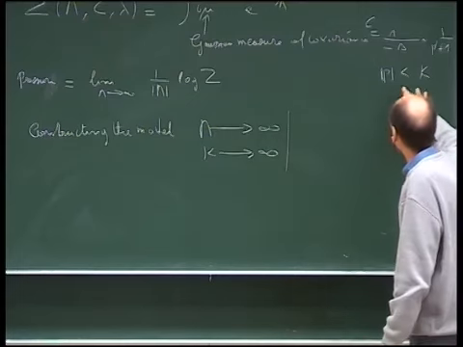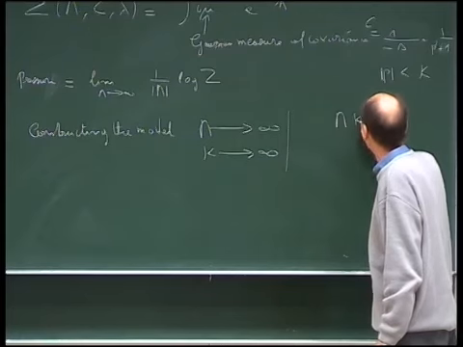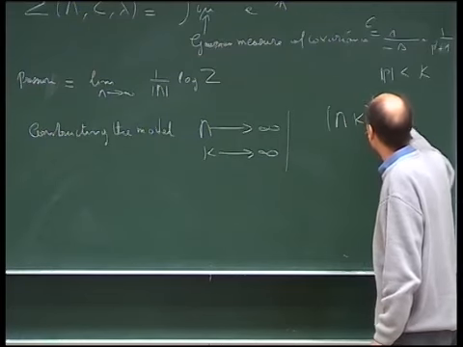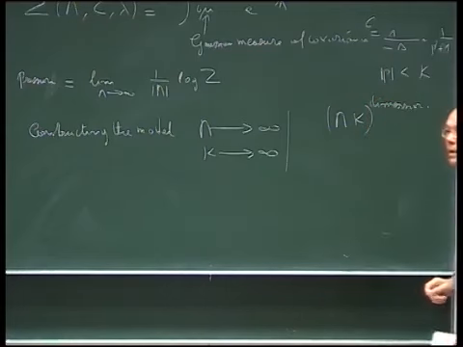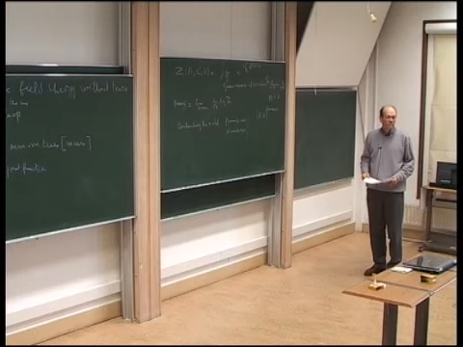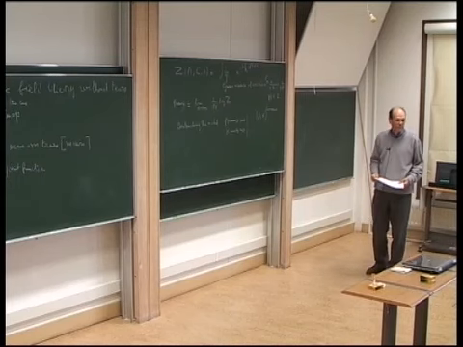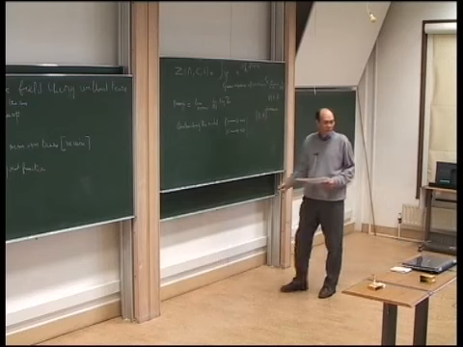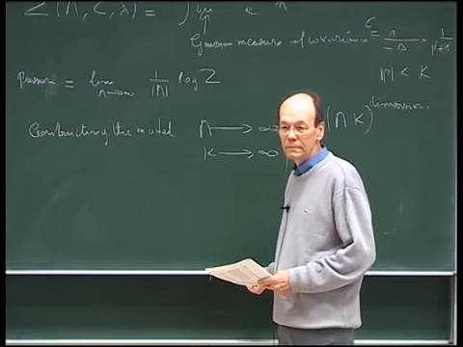The number of degrees of freedom is something like lambda times kappa to the dimension. Truly, C sub kappa is a family of covariances with ultraviolet cutoffs kappa, so they are smooth when kappa is small, but as kappa goes to infinity, these covariances C of x comma y get more and more singular when x and y are near each other. The problem is to control that limit.